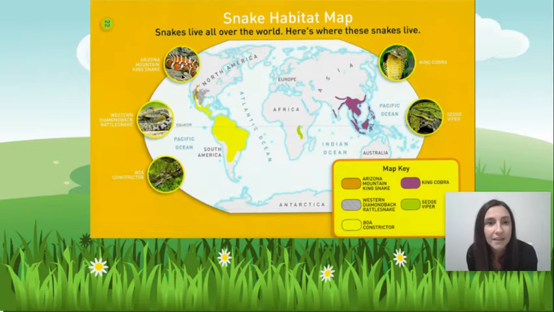So look at this. Here's the Arizona mountain king snake, and it lives here. Down here, there's a map key. So that's very important. The Arizona mountain king snake is the color that we're looking for on the map, orange. So right here is orange.